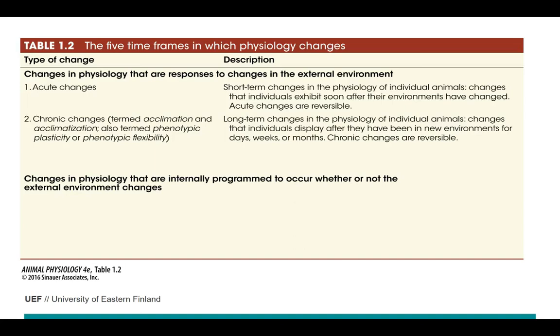And these chronic changes are quite often divided into acclimation, acclimatization, phenotypic plasticity, and phenotypic flexibility. Acclimation and acclimatization look very similar, and the latter one is the one that happens in nature.